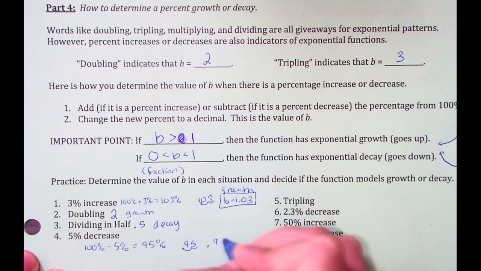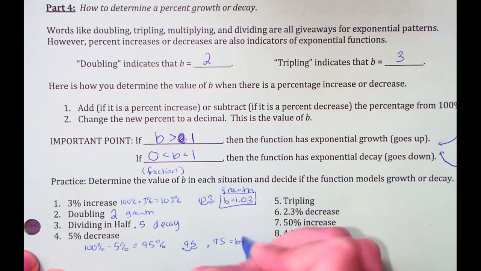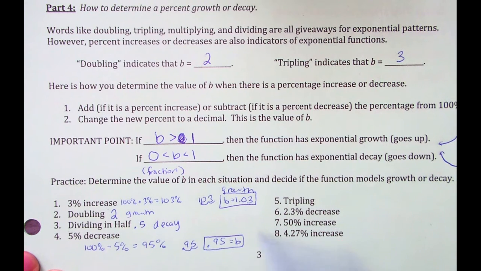So b is 0.95. And because 0.95 is in between 0 and 1, this is decay. You're taking 95% of it. Not all of it, just 95% of it. Because if it decreases by 5%, that means that 95% of it still remains.